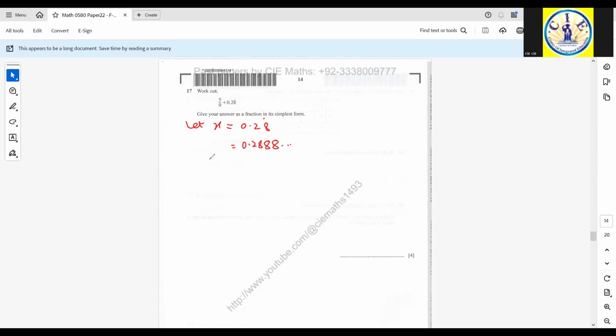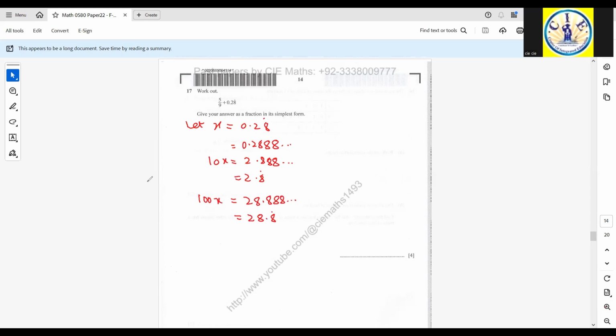When I multiply it with 10, for example, I get 2.888 and so on, or 2.8 dot. And when I multiply this with 100, I get 28.888 and so on, or 28.8 dot.